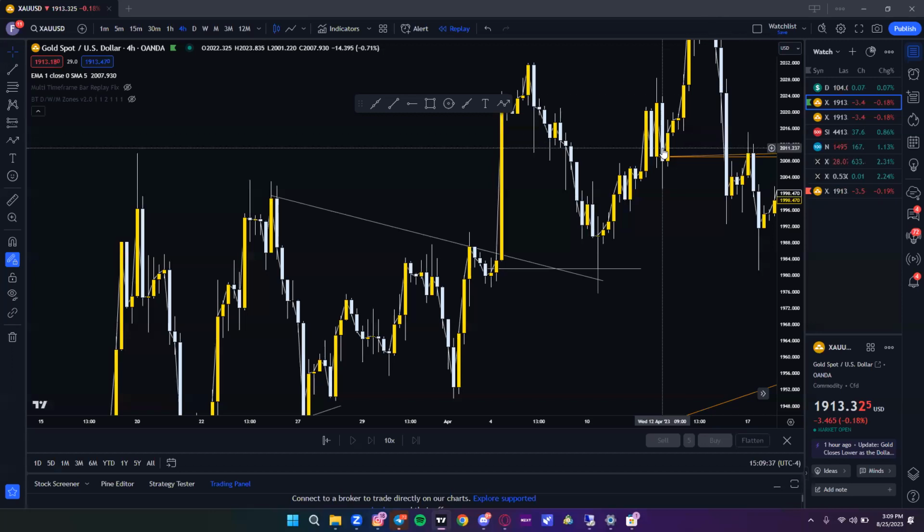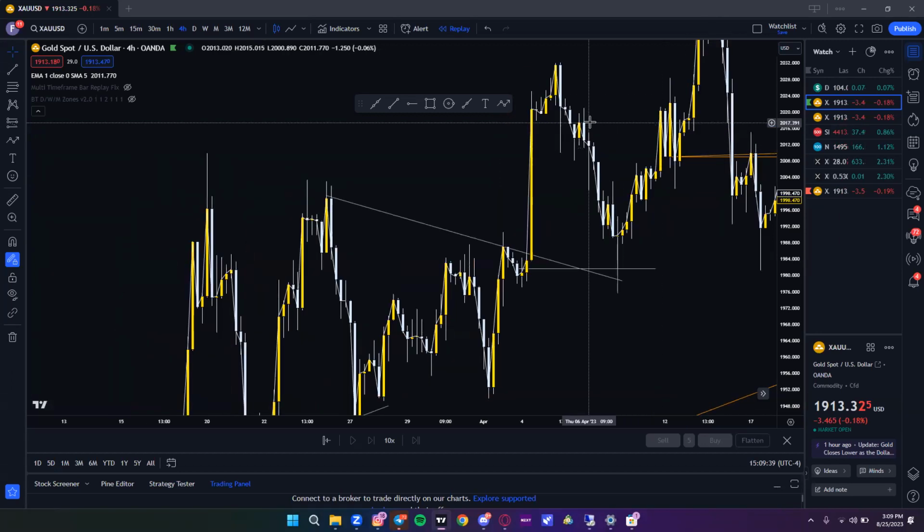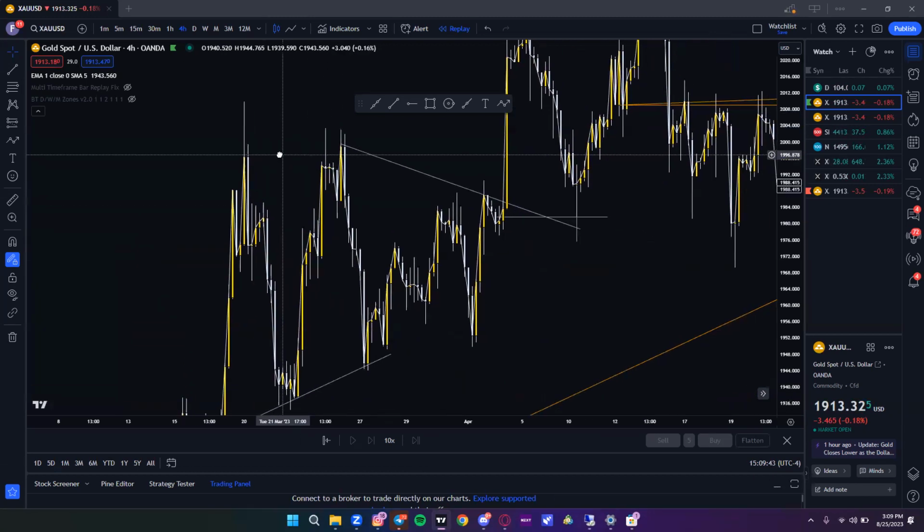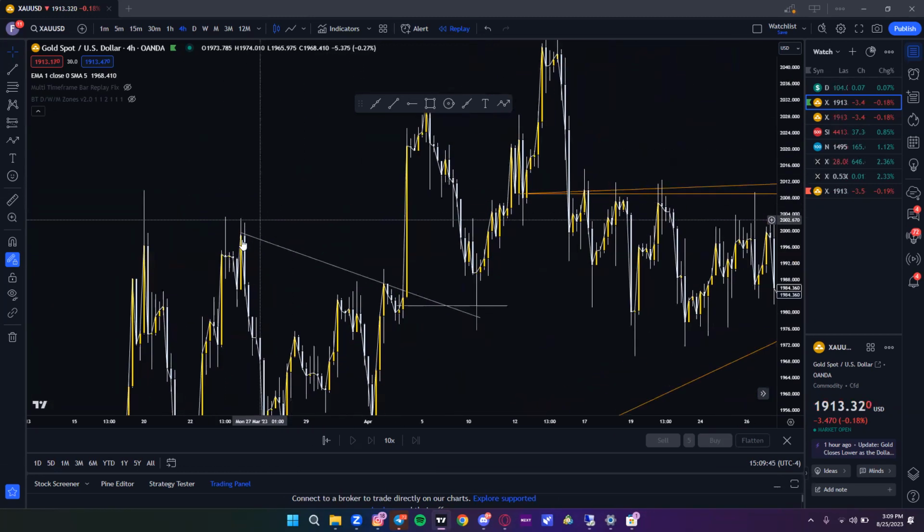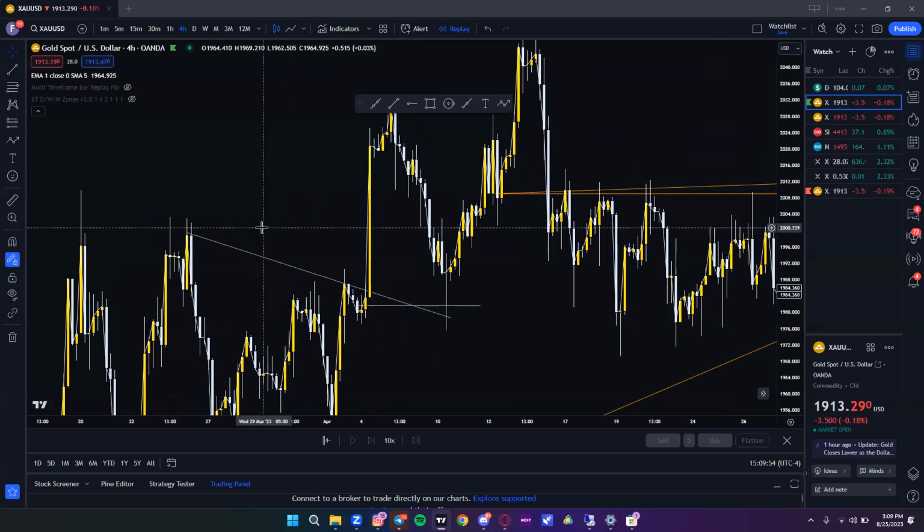You mainly want to use them from a swing point. I'm starting to see that swing points usually give the more high quality trend lines as long as they are matching up with your SNR level.